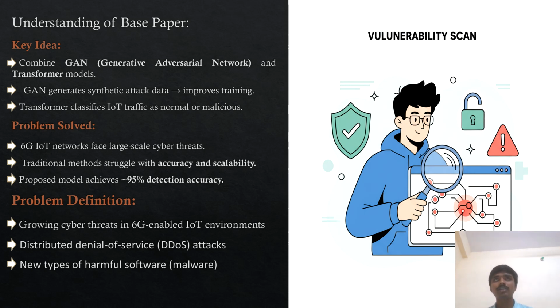DDoS is a common attack which sends an enormous number of requests to the server, which damages the server and IoT devices. Another one is malware, which can steal or damage data or information. The traditional models are not very accurate and they do not scale. So we need a smart approach that can handle these challenges in real time.